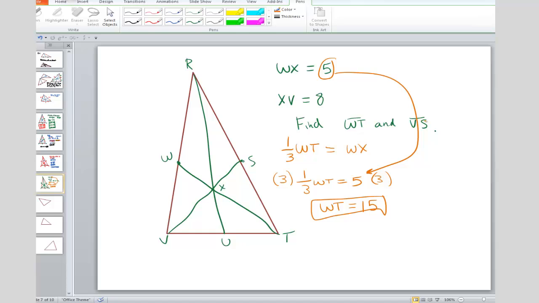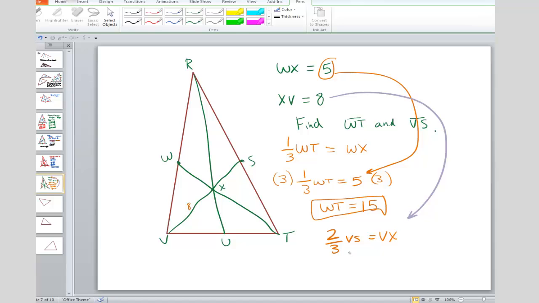How about SV? So we have SV, the entire thing. We are given XV, which is 8. And yes, they don't have to be the same. They're not equal. So this is the longer side, so this is 2/3 of the entire thing. VS equals VX, so we're going to plug in 8 here.